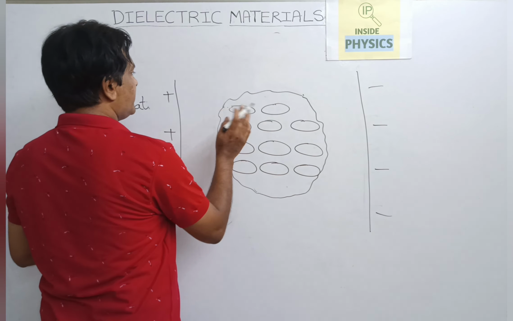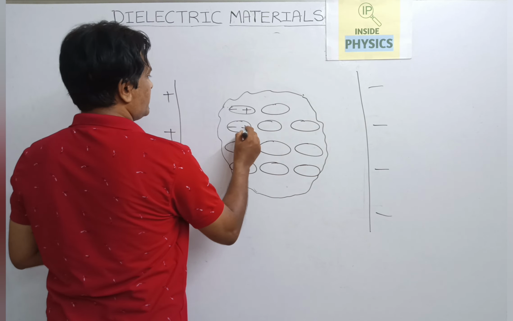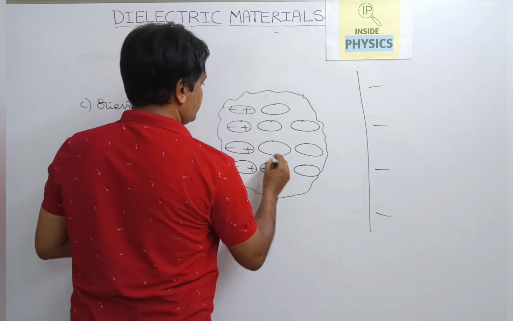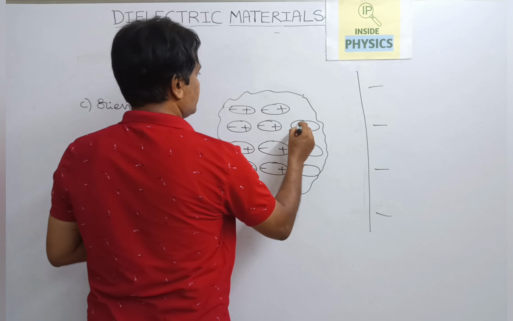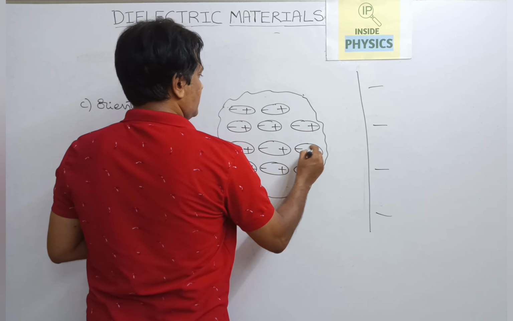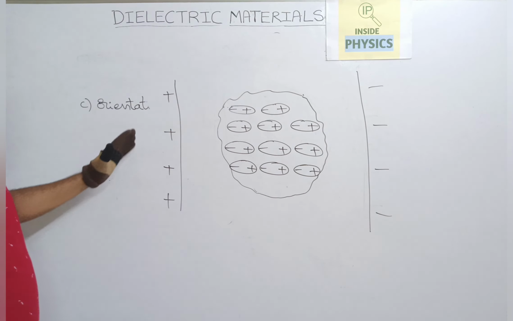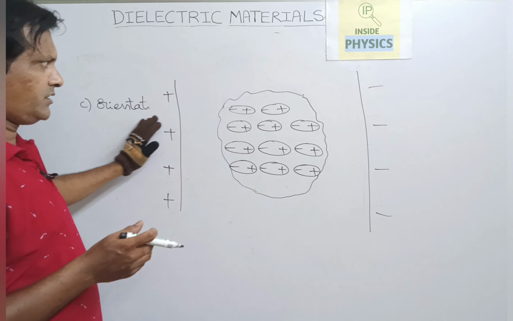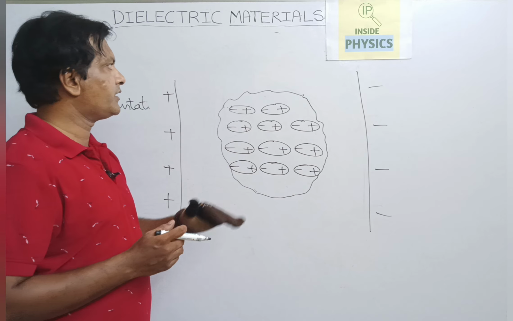So all the negative charge will be shifted towards the positive plate. This is the orientation polarization. Oriented means they aligned themselves in the direction of the electric field.